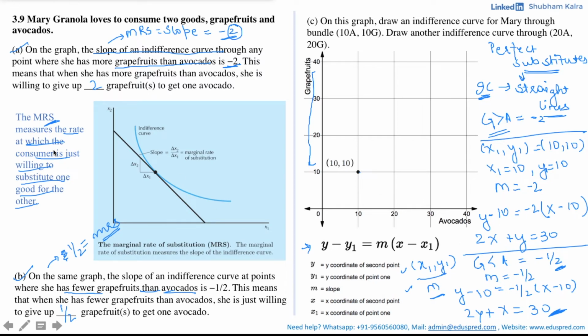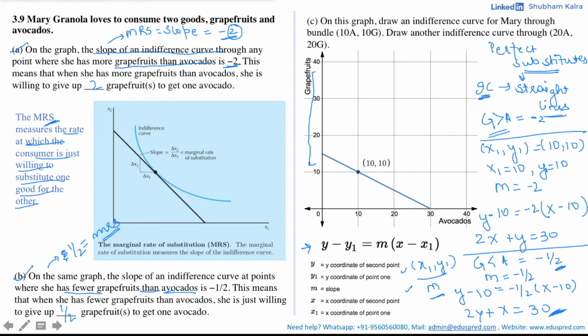So firstly, let's draw this line, which is 2y plus x is equal to 30, which would look like this. This line has a slope of minus half, but the indifference curve has this equation only when your grapefruits are less than avocados. Now note that this line is divided into two segments by this point 10, 10, as at this point Mary is able to have equal amounts of avocados and grapefruits.